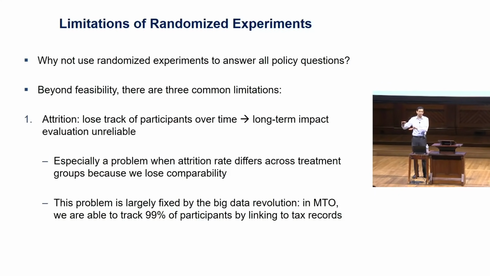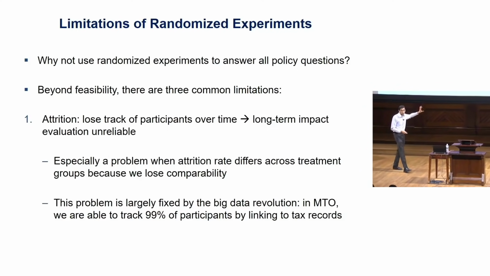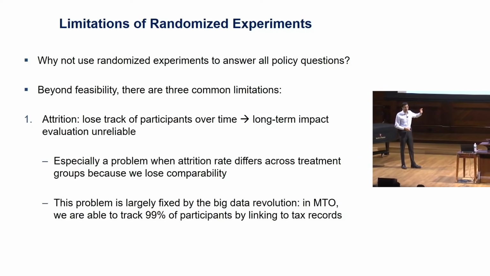And so you're able to follow a big part of that group, but then the control group is really not doing well, and lots of people maybe end up incarcerated or who knows what else, and you lose track of lots of folks that way. Now you're going to have two groups that are not really comparable to each other, and that's going to create bias in your estimates. So this was a huge problem with experimental methods in the past.